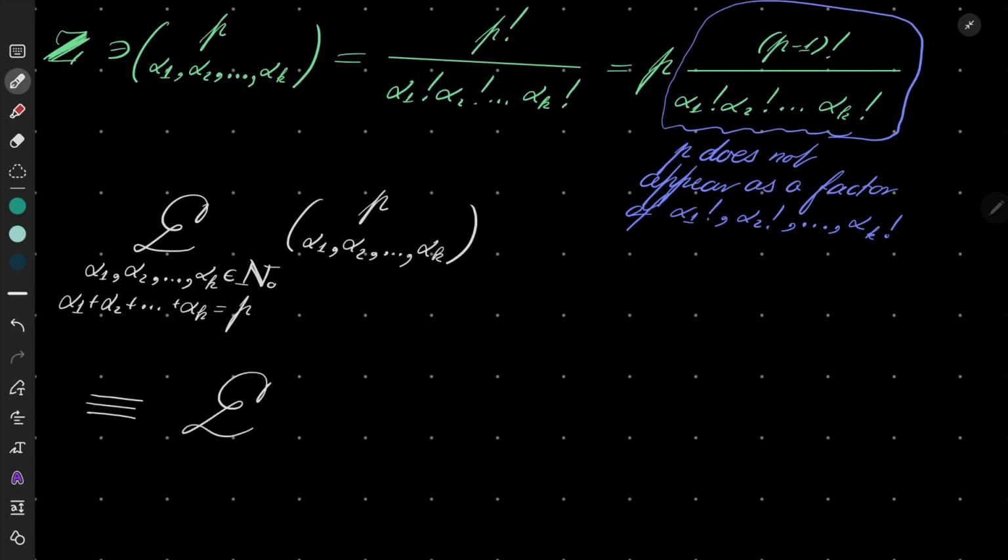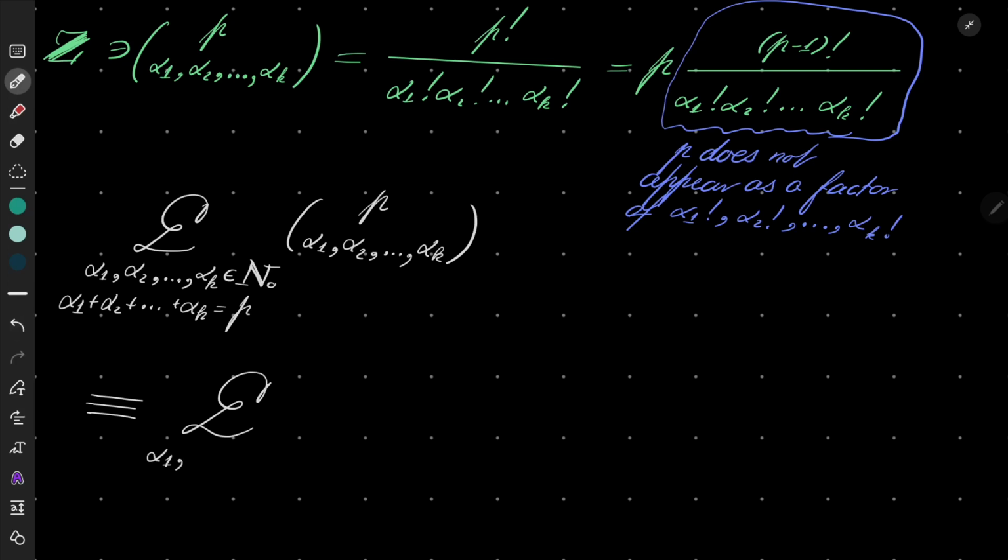We can omit every term with any index alpha 1, alpha 2, alpha k, if any of them is between 1 and p minus 1, then we have something divisible by p, by our observation. So it's just congruent.